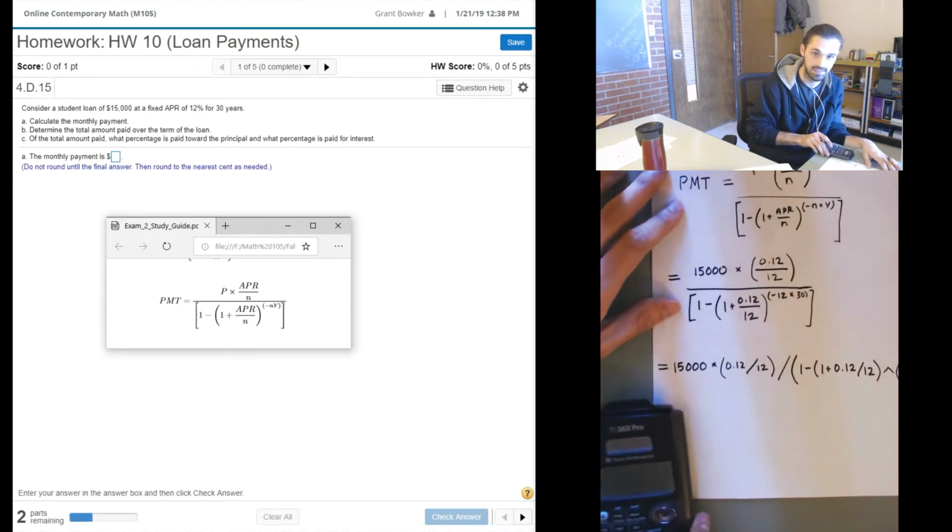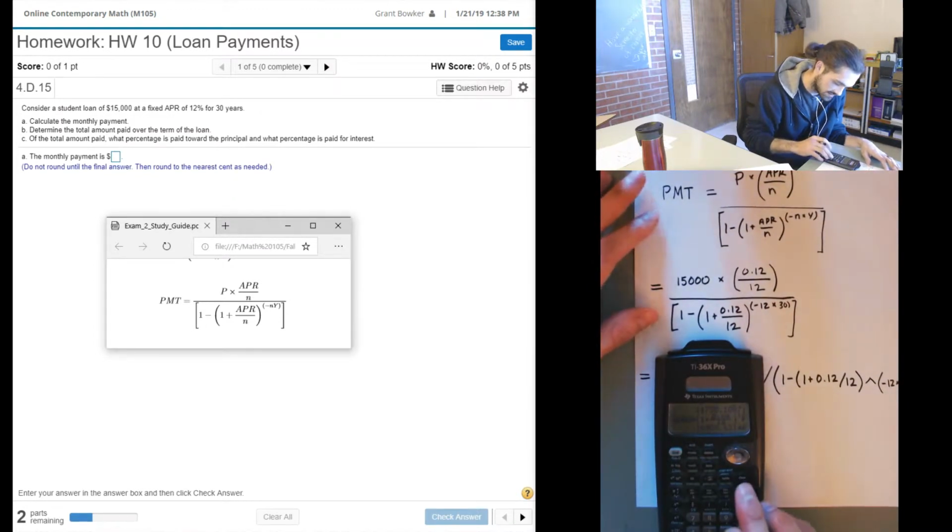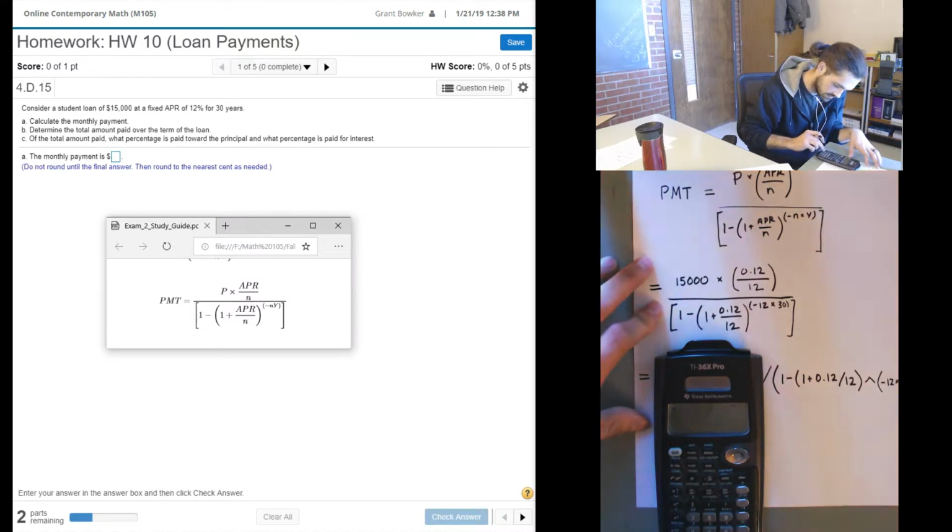So let's go ahead and type this in, and I'll show off my excellent pretty print feature.